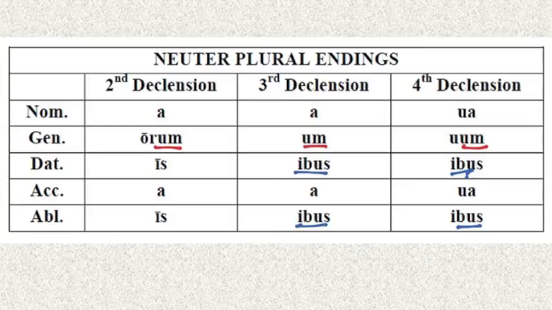In addition, hopefully you should have seen that the nominative and accusative ending of a is repeated regardless of the declension for all neuters. We have a for the second declension nominative and accusative plural, a again for the third declension nominative and accusative plural, and ua for the fourth declension nominative and accusative, which essentially has that same a ending. Okay, those are the patterns for neuter nouns.